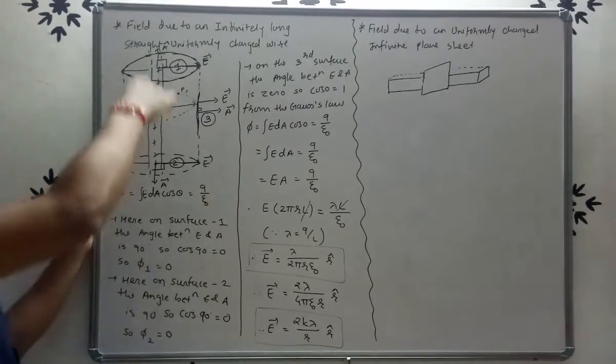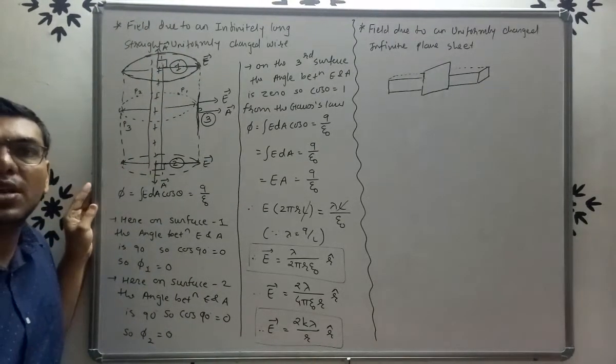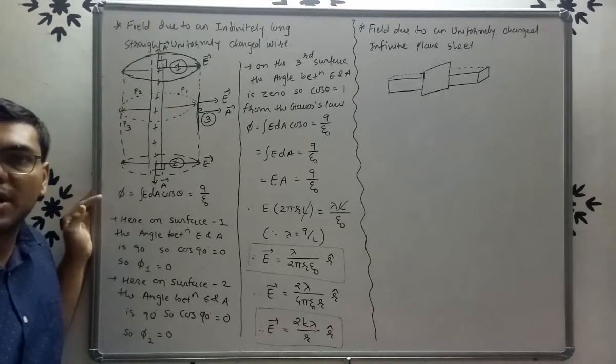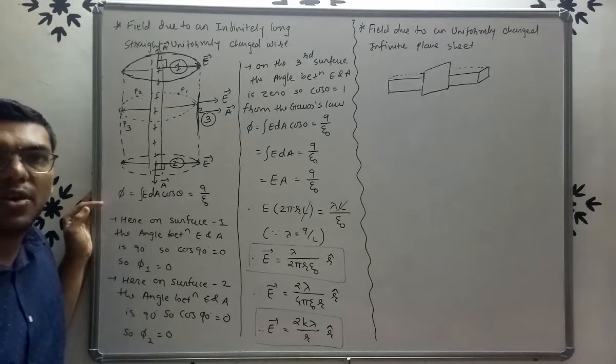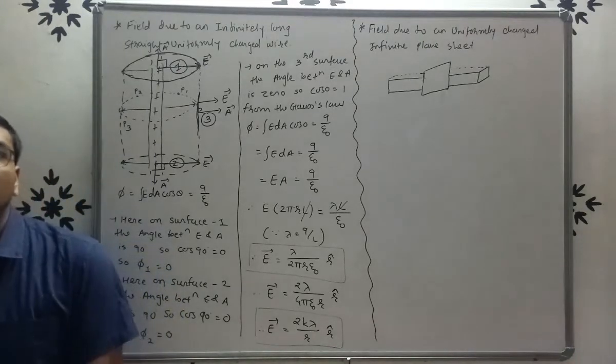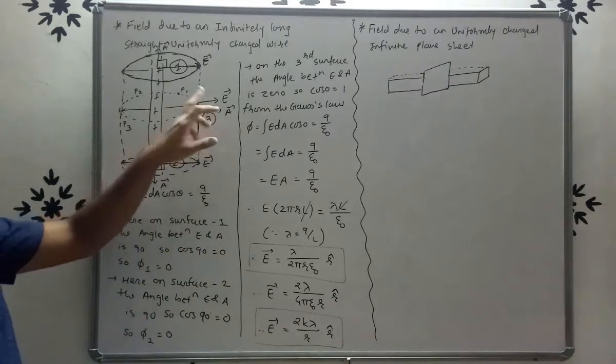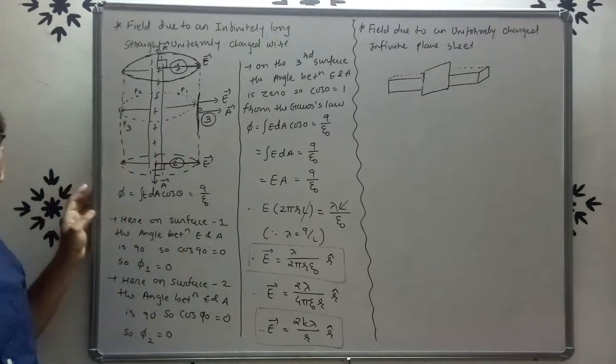Again, this is the infinitely long uniformly charged straight wire having positive charge on it. Now we know that the direction of electric field for positive charge is outward. So here we consider point P and we rotate it.